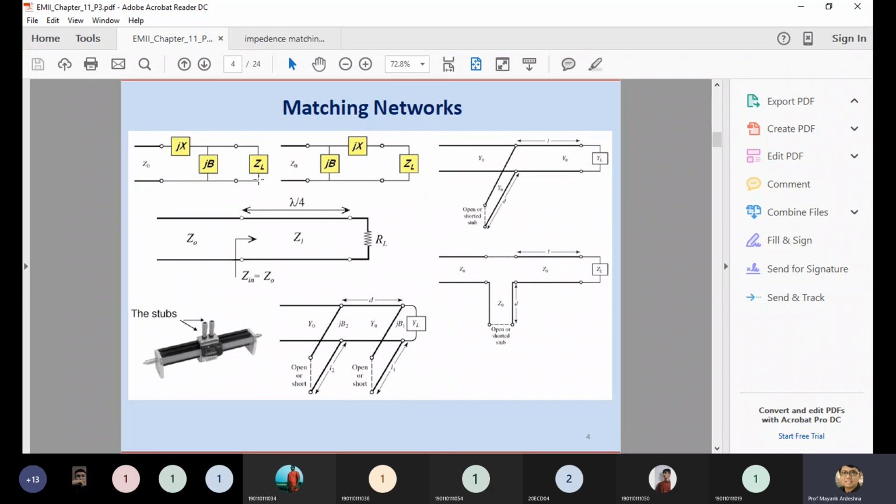That's why both components are complex numbers. You cannot use a single value of R, because R is a real value, like 10 ohm, 100 ohm, 50 ohm. You can choose any value, which is nothing but a real value. But if I use a combination of RL or RC, then you can have a complex number.